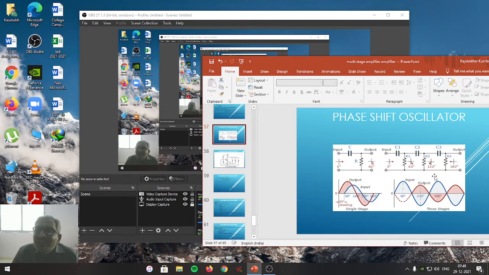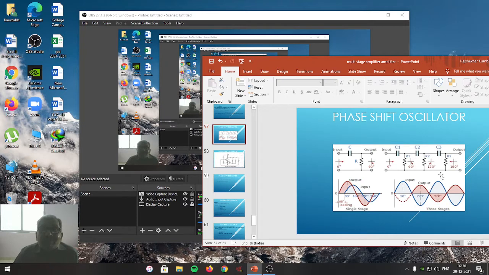So this 180 degree phase shift and the 180 degree phase shift produced by the common emitter amplifier produce a net phase shift across the oscillator of either 360 degrees or 0 degrees. This makes the phase shift oscillator satisfy one of the conditions of the Barkhausen criteria, and that is the feedback is positive.